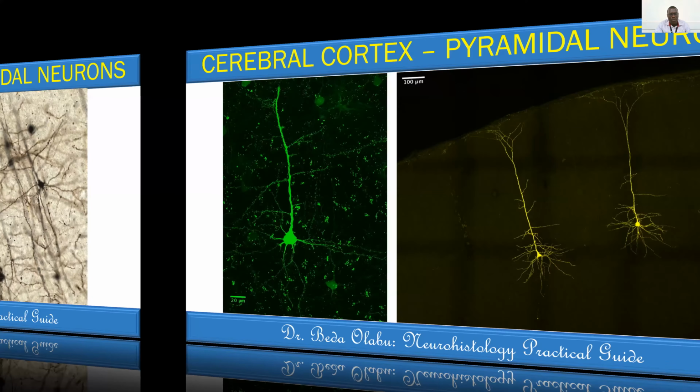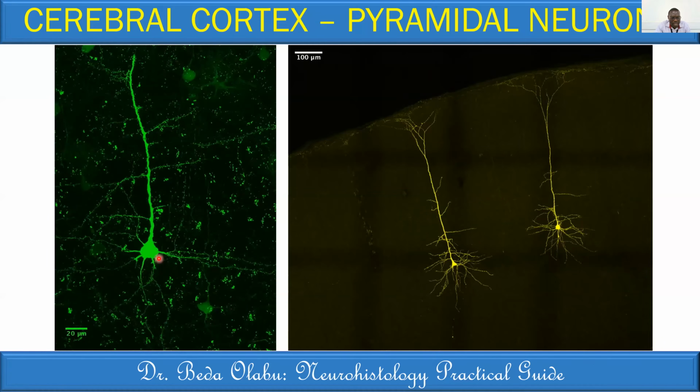A pyramidal neuron, and these ones are better, has a pyramidal shaped cell body, or a triangular cell body in 2D. Then it has a long apical dendrite. So whatever is arising from the apex is a dendrite, not an axon. And that dendrite has other secondary branches, fine. But that's not the only dendrite.